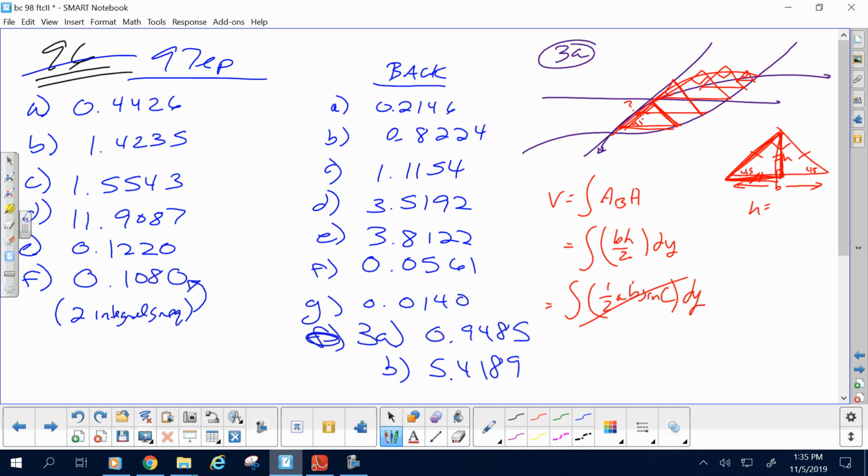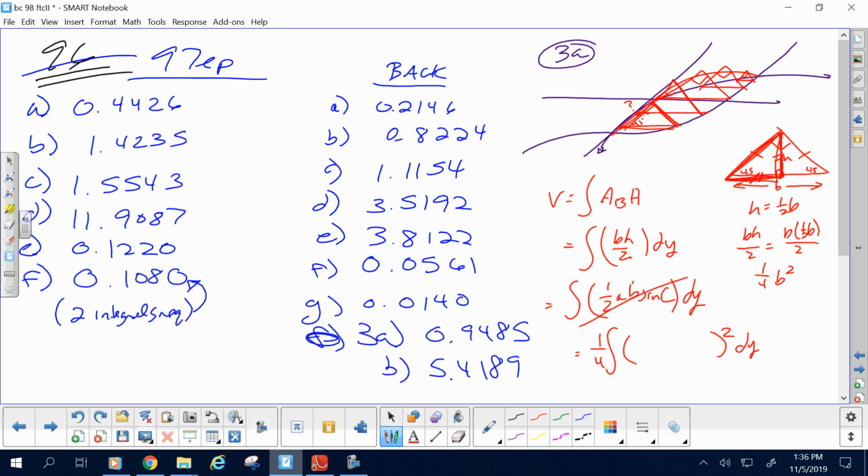So if the height is half the base, then base times height divided by 2 is half base times half base, or 1/4 base squared. I think that's the way to go. So here we go. 1/4 base squared is y.